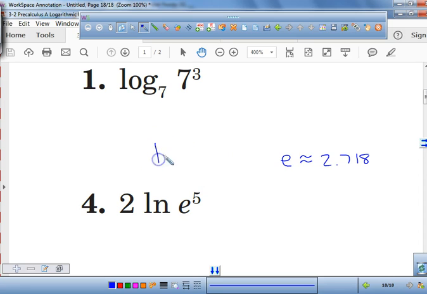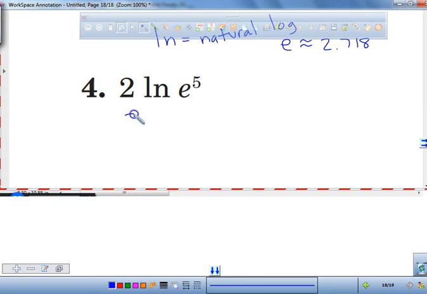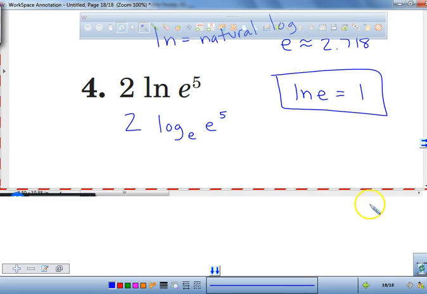So when you guys see Ln, I want you guys to understand, Ln is what's called a natural log. Alright? So we're going to rewrite this. Technically, the natural log is base E. That's what the natural log is. Anytime you guys have the natural log of E, that will always equal the number 1.